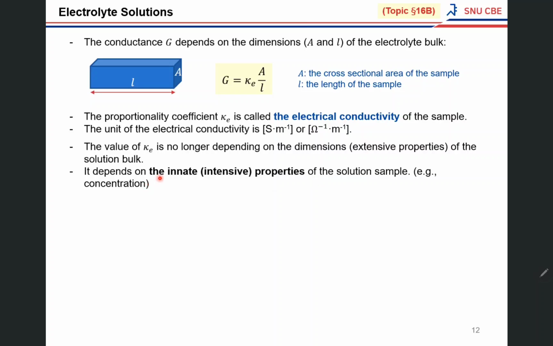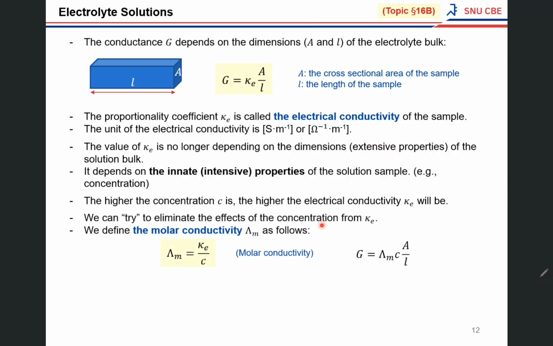This innate property, the electrical conductivity, may have some relation to properties of the solution, such as the concentration. If you have a higher concentration, then you have more ions per unit volume. As a result, you would imagine we're going to have higher electrical conductivity.